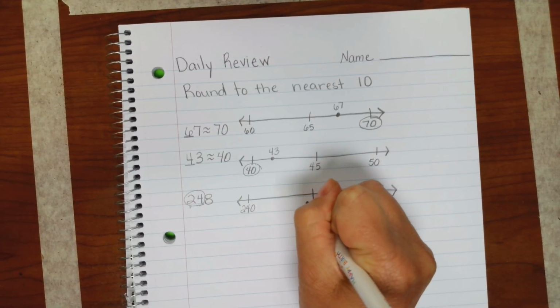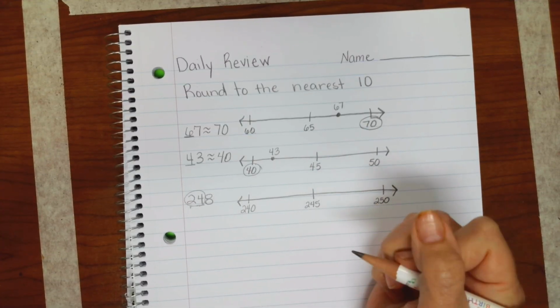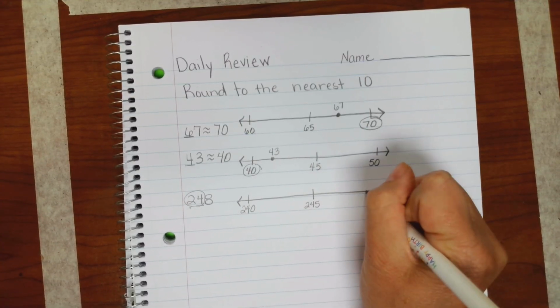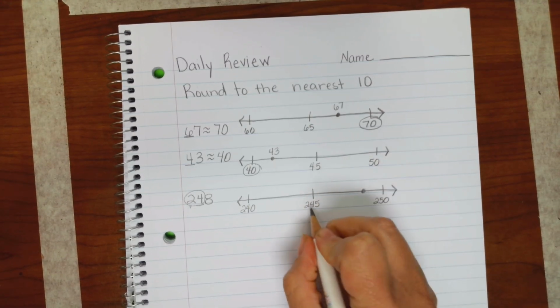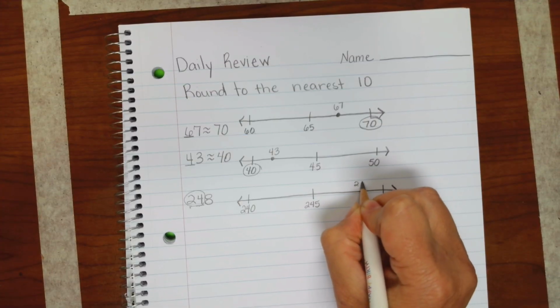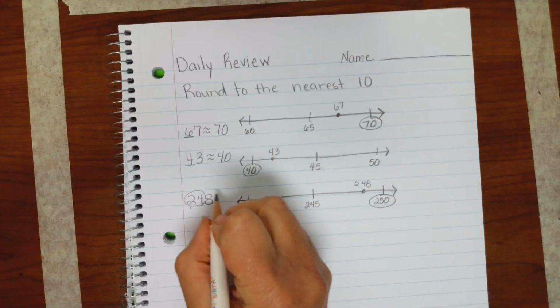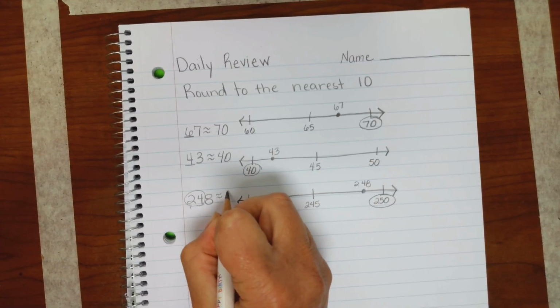Halfway in between is going to be 245. Now if I put 248 on here, it's going to be on this side because it's after 245 and before 250. So 248 is going to be here. It's closer to 250, so therefore your answer should be 250.